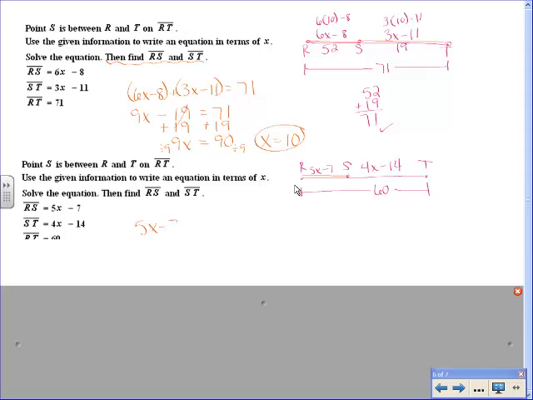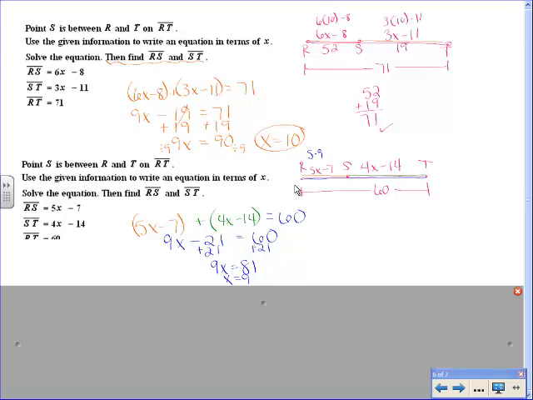So segment RS was 5x minus 7 plus segment ST, which was 4x minus 14, equals 60. When I combine like terms on this one, I get 9x minus 21 equals 60. Adding 21 to both sides will give me 9x equals 81. Divide by 9 on both sides, and I get my answer, x is 9.